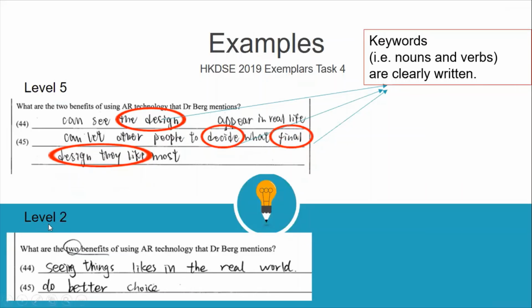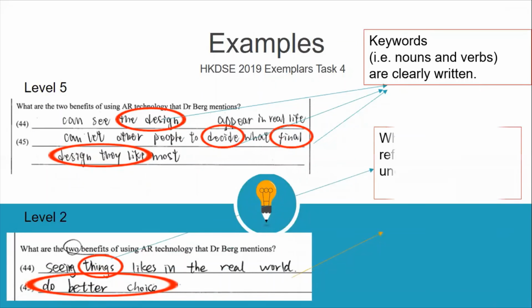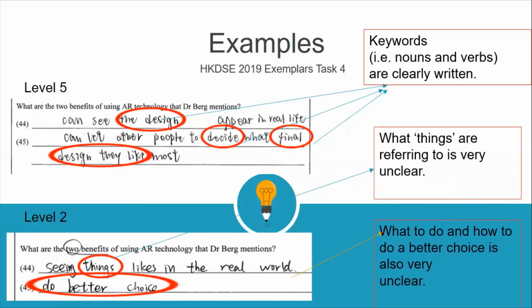However, in the level 2 sample, this candidate only put down nouns like things or verbs like do better choice. You can see that what things are referring to is very unclear. And also what to do and how to do a better choice is also very unclear. So therefore, jotting down keywords are very important.